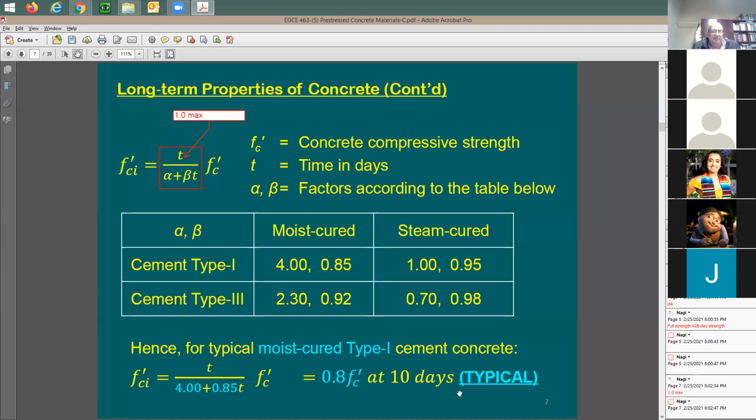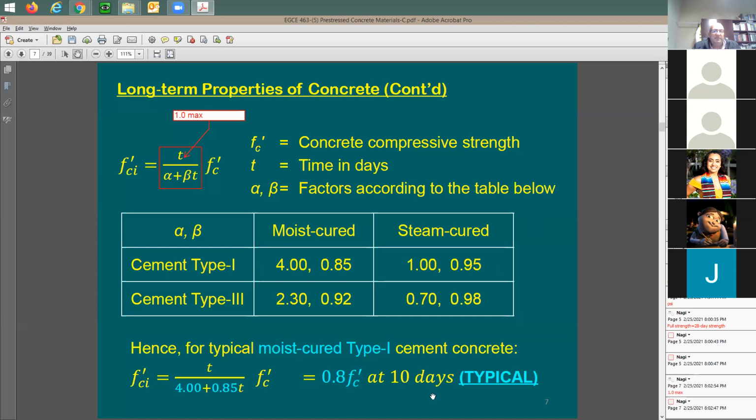And in 10 days they should be able to gain 80% of the strength, and then they can transfer the stress at that time. So 10 days is going to be okay. So now you understand this is going to be maybe 7 days to 10 days. If the precaster doesn't feel that it's a good idea, he can just do steam cure. It's going to cost him a little bit more.